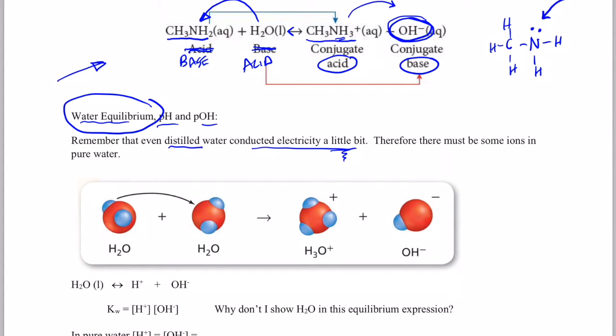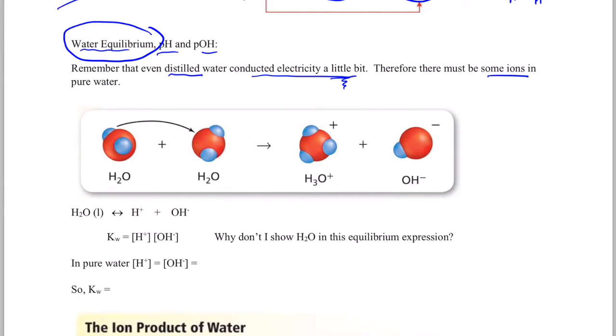I can't remember what number blinky light came on, but it had a very, very small conductivity. Therefore, there must be some ions in pure water. Well, where do those ions come from? If all we have are H2O molecules in our distilled water, where do we get ions?